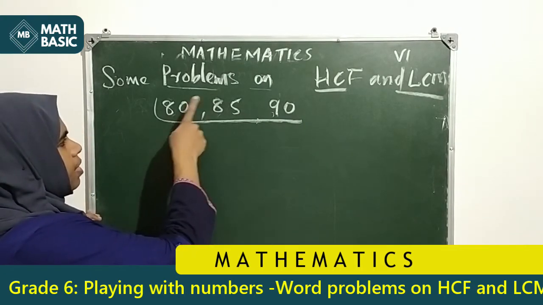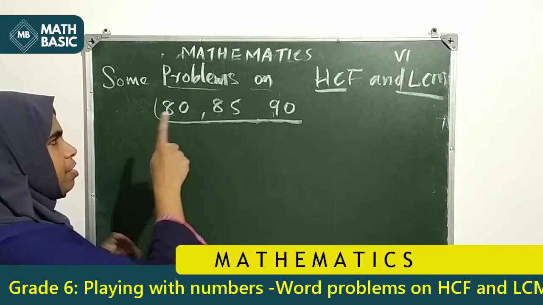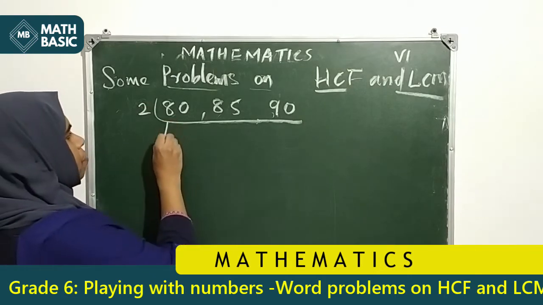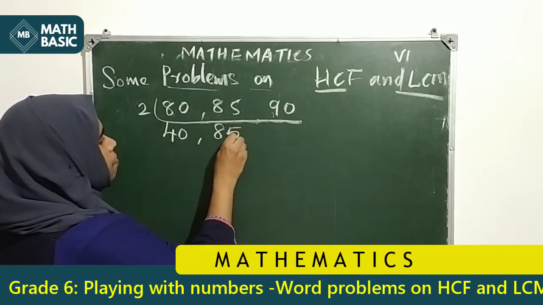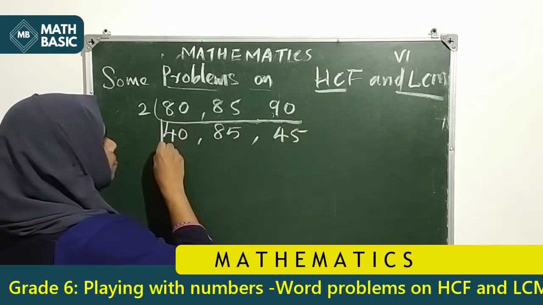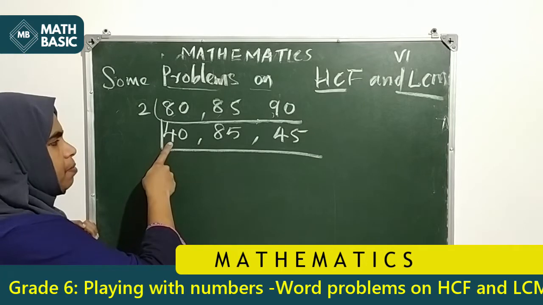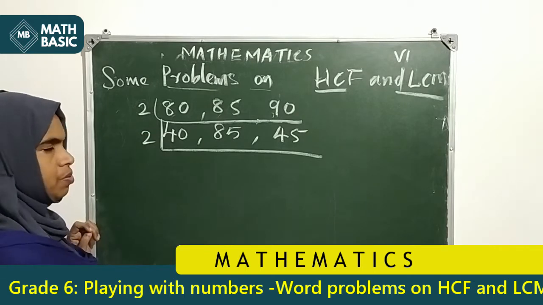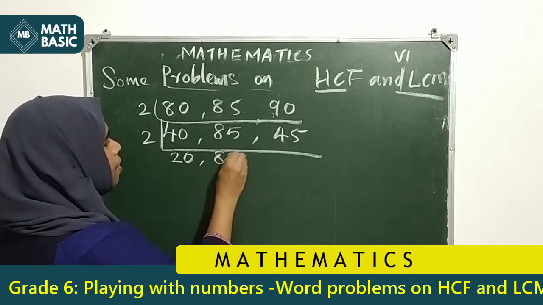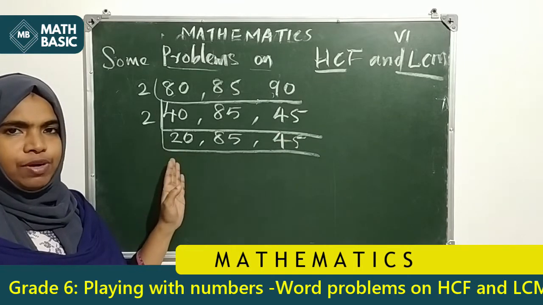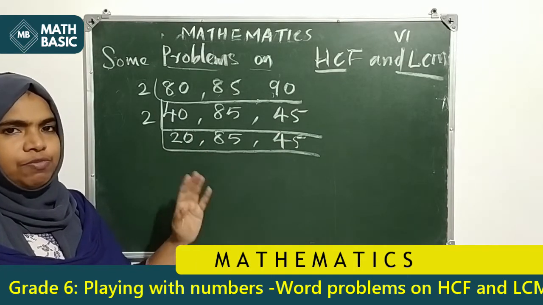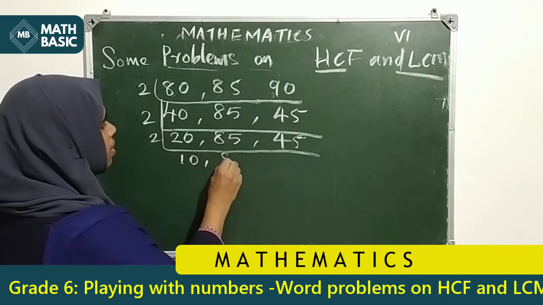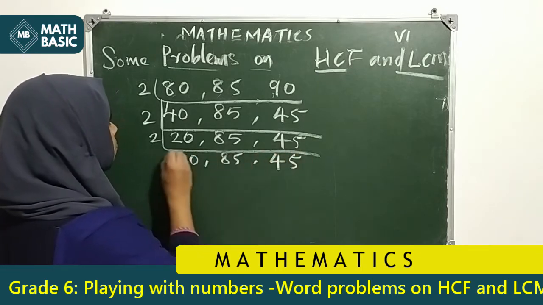See, 80 and 90 are even numbers, 85 is an odd number. So take the first prime number 2. 40, 85, 45. Here, one even number, that is 40, and the two are odd numbers. So take 2 again: 20, 85, 45. Listen carefully how we are finding the LCM. Again 2: 10, 85, 45.